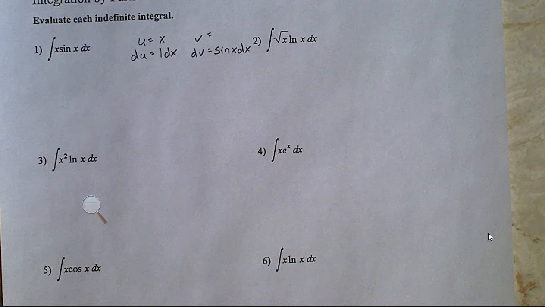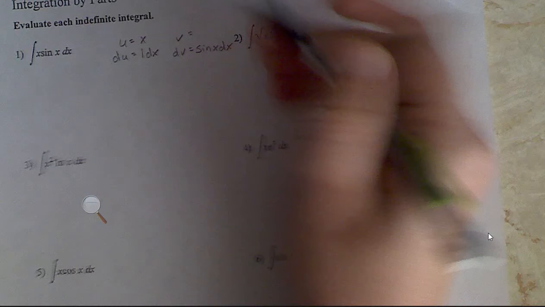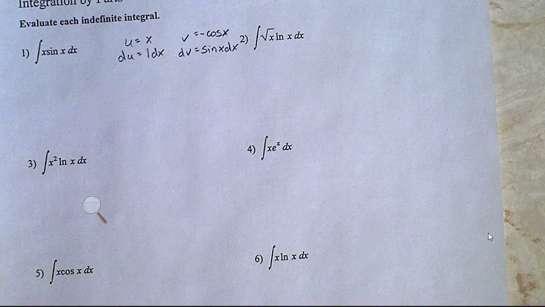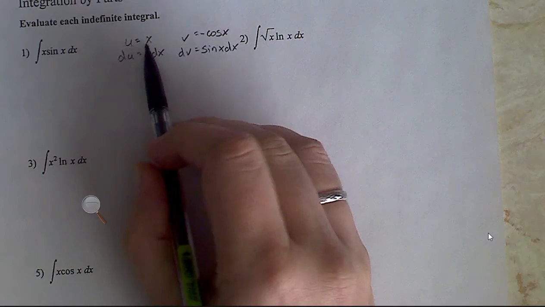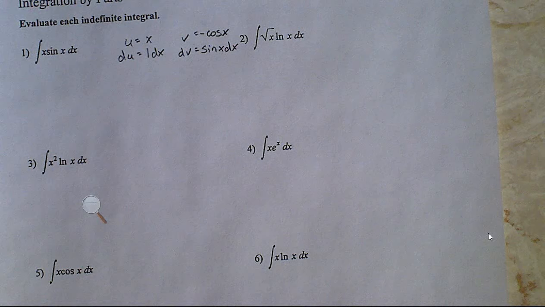And then we have to find the antiderivative of sine x. So negative cosine x, with no dx when we do the antiderivative. Okay. Now we need to plug these non-gendered math concepts into our formula.